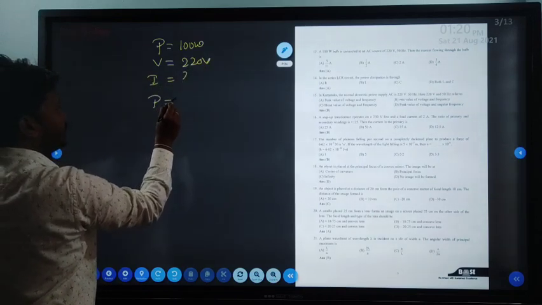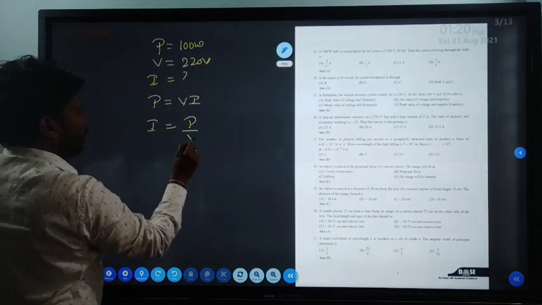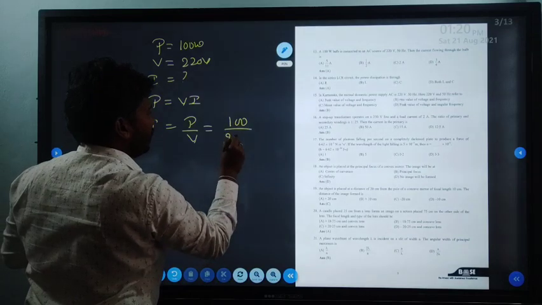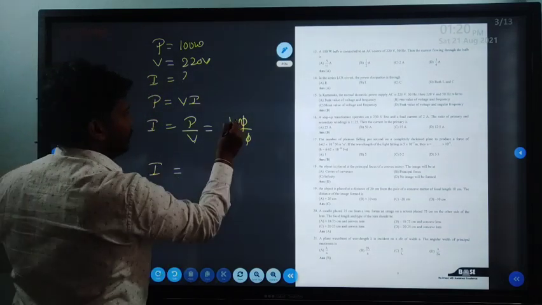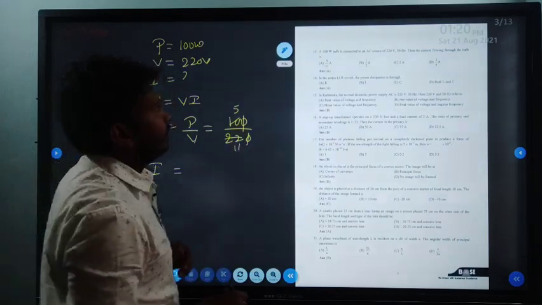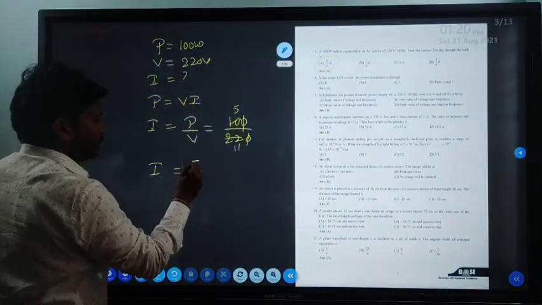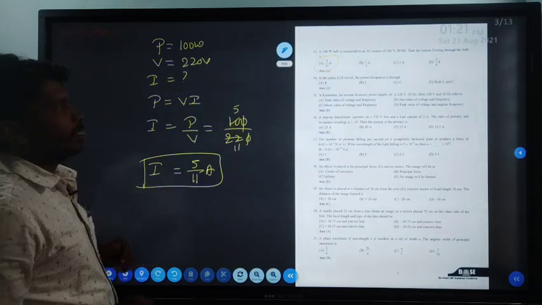So P, which is equal to V into I, I is equal to P by V. So 100 watt divided by 220 volt, I, which is equal to 5 by 11 ampere. So first option, 5 by 11 ampere is the answer, right?